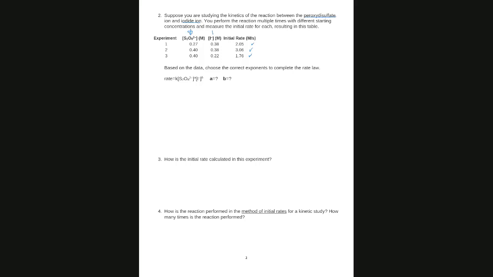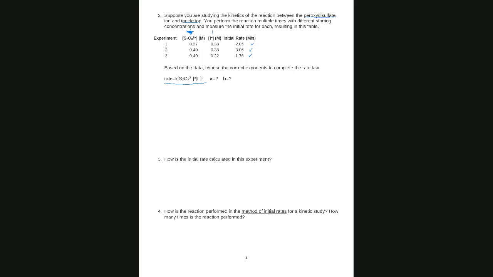So I'm trying to get the exponent of this one, right? And I have the rate law here. The rate law is K times the concentration of one reactant, which is peroxide disulfate, raised to A, times the concentration of iodide raised to B.